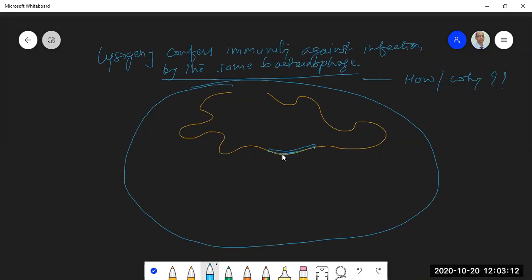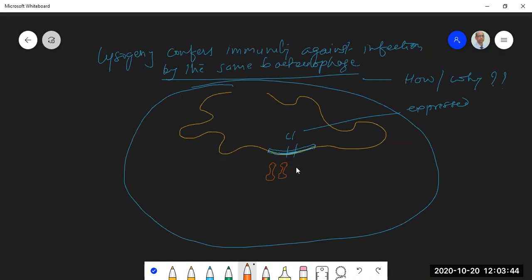The phage DNA is here. There is no yellow line, it's only two blue lines. So it has undergone, it is now in lysogeny, meaning only CI is getting expressed. And what is the CI gene product? CI gene product is this dumbbell-shaped protein, and they have occupied those operator regions.